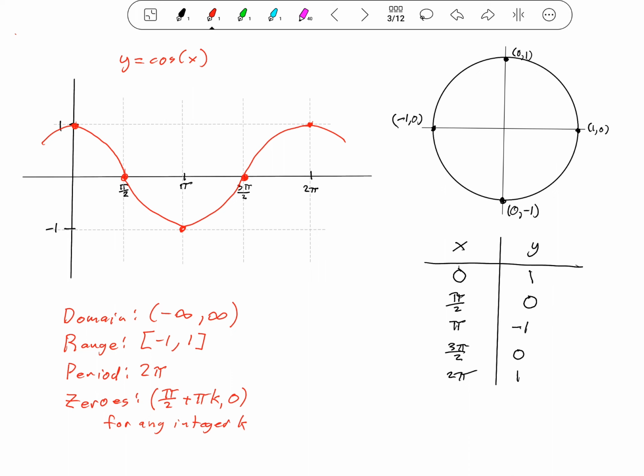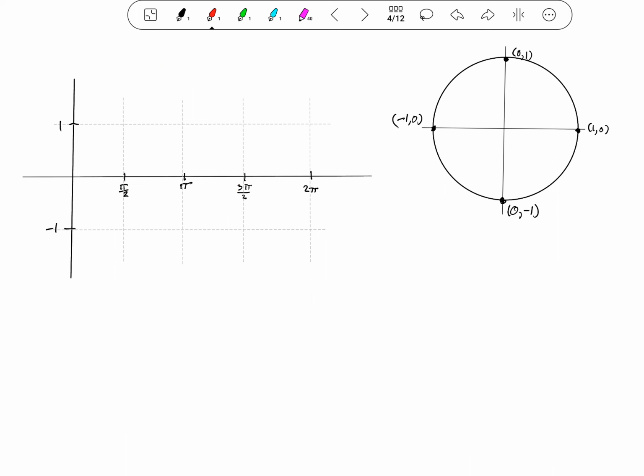But usually our cosine function is going to be a little bit more complicated than just y equals cosine x. Usually we will have things along the lines of y equals some amplitude times the cosine of some horizontal stretch times x minus some horizontal shift, plus a vertical shift.